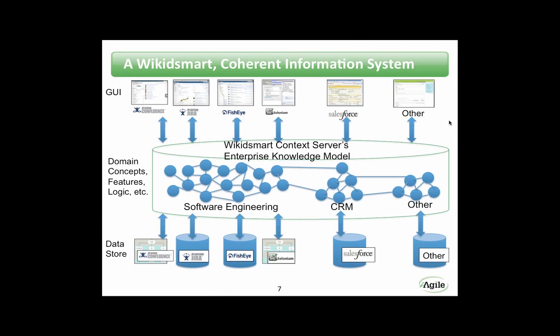And within the Wicket Smart context server, we have something called a knowledge model. You'll see in the following slides, folks also refer to that as a knowledge graph. And I think the terms graph and graph database are gaining popularity and widespread acceptance when you look at folks like Facebook, LinkedIn, Twitter, particularly the social phenomena.